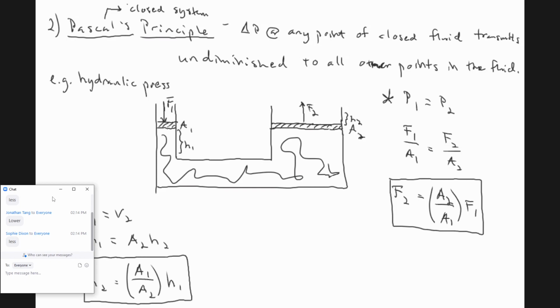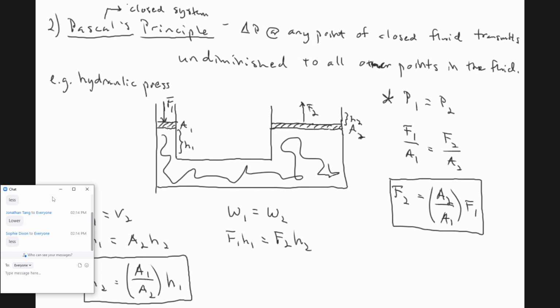And last but not least, since it's a closed system, the amount of work being done should also be the same. So F1 H1 is equal to F2 H2, which just means that F2 is a much larger force than the one we're applying. So in a closed fluid system, all three things apply.